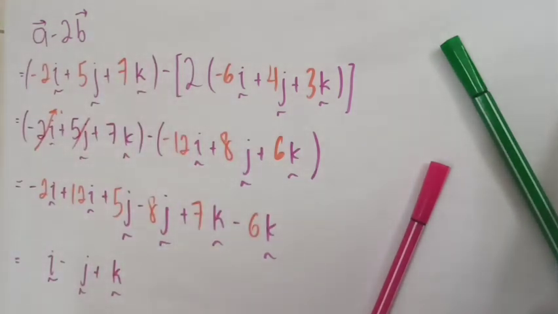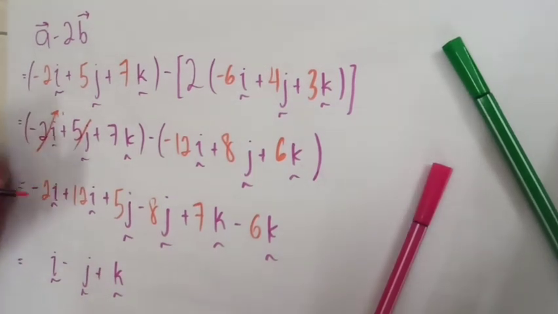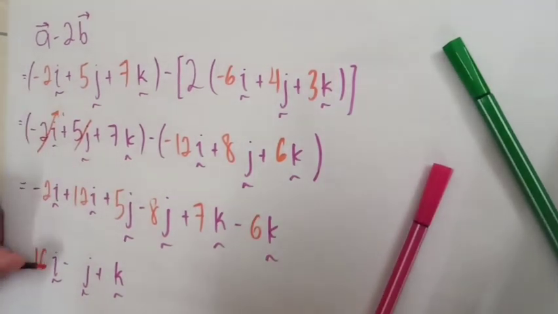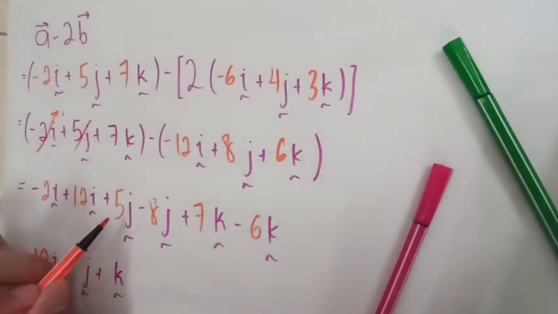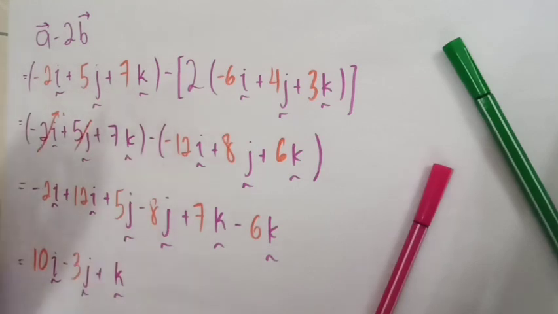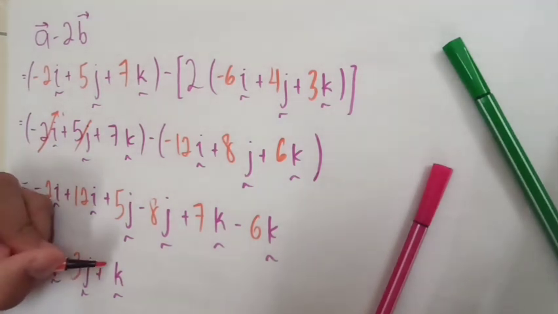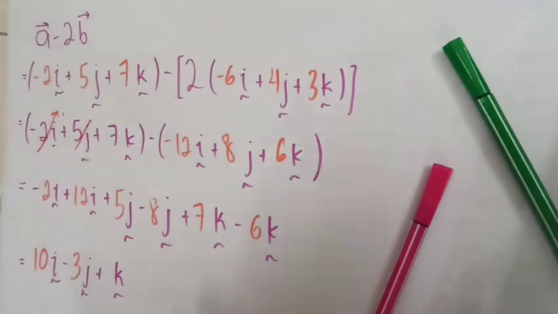Wait, let me count first. Negative 2i plus 12i is equal to 10i. 5j minus 8j is equal to negative 3j, while 7k minus 6k is equal to 1k, which could also be written as just k.